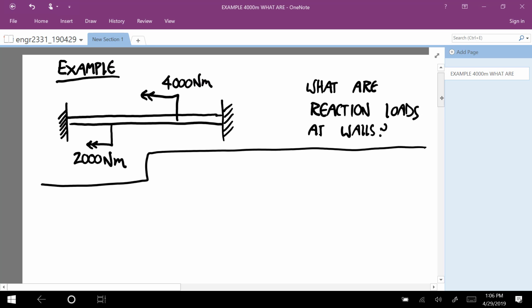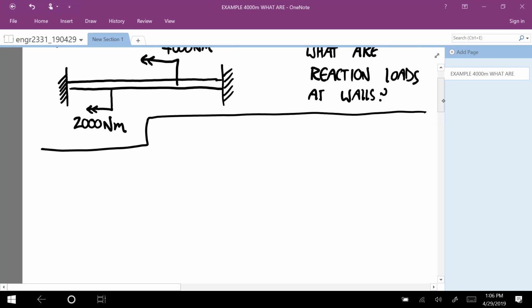Well, the first thing we have to do is figure out, so we don't know that it's statically indeterminate yet. So let's do the statics and figure out whether we're going to need extra equations or not.